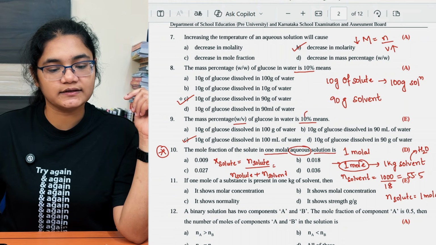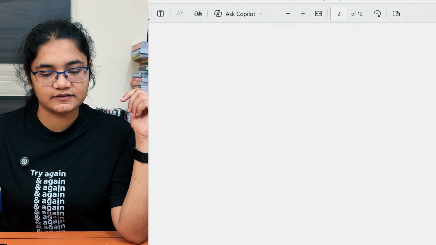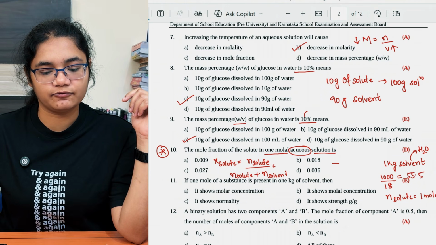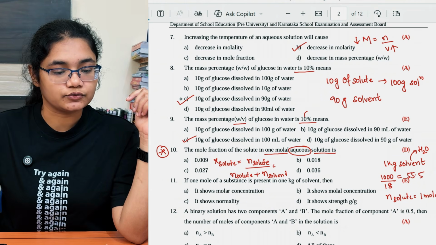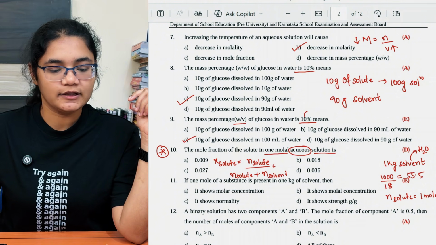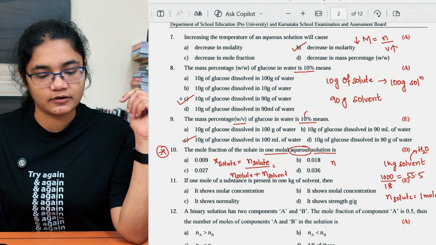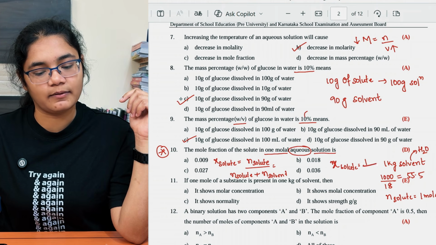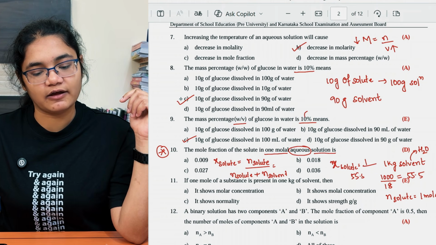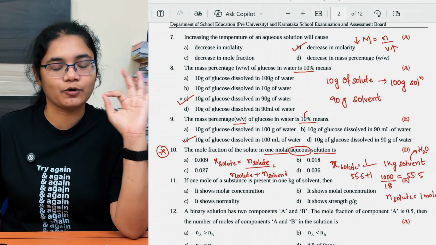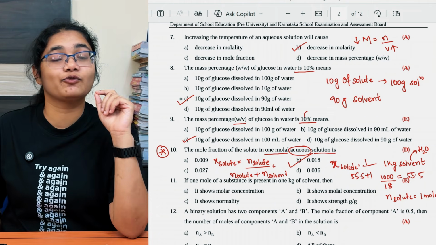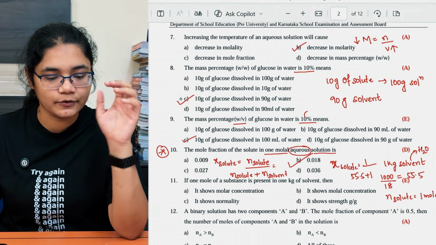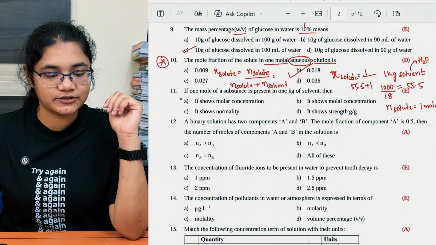So it will be 1 by 55.5 plus 1, so 1 by 56.5, and the value that you will get here is 0.0176 something, which is nearly equal to 0.018. Okay, now moving to the next question.